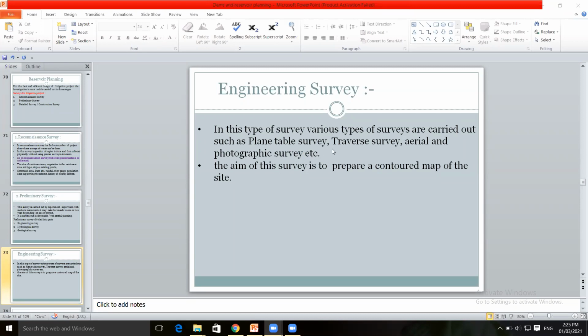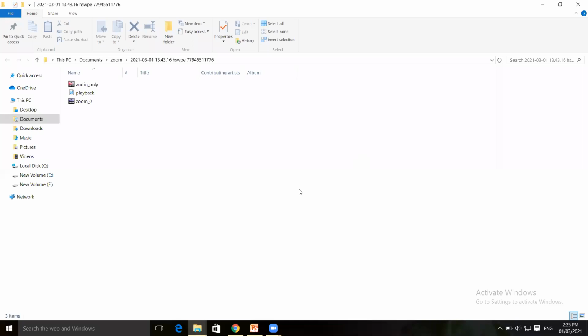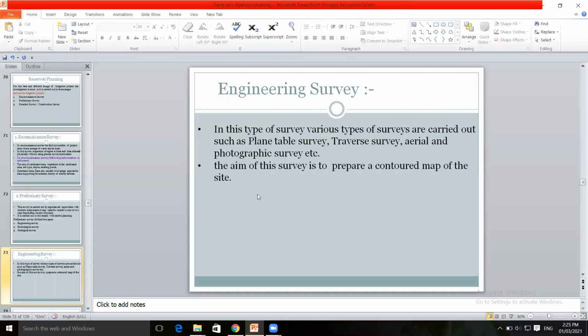The aim of this survey is to prepare a contour map of the site of the reservoir. So for this, various modern instruments are used, like plane table, other than this, theodolite or total station.